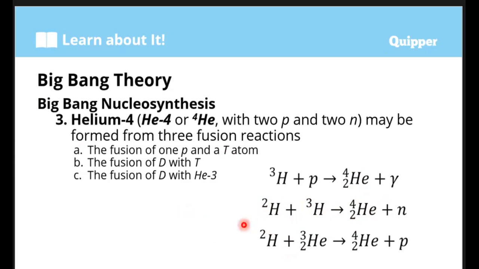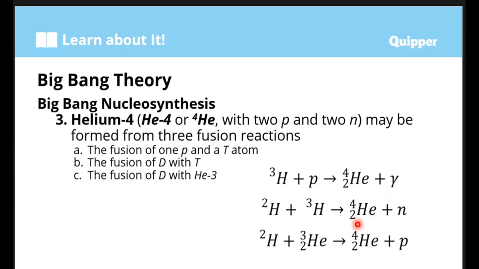Then, if a deuterium is combined with helium-3, it might give helium-4 when combined with a proton. So these are the possible byproducts, and this is how the elements are combined in the universe as the universe expands.